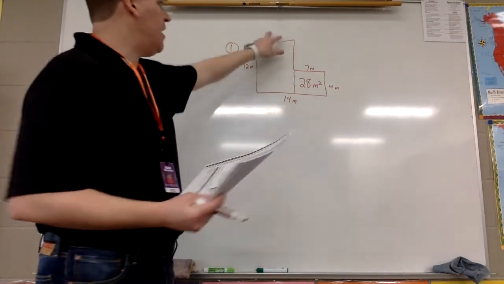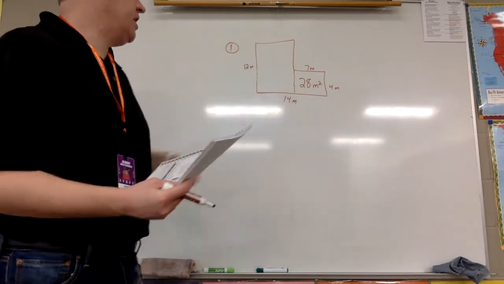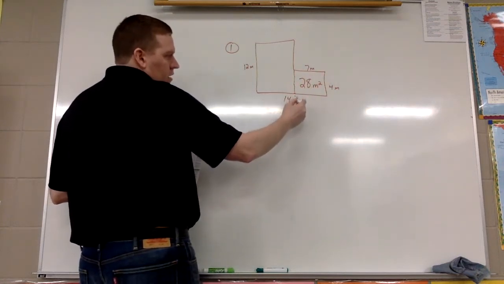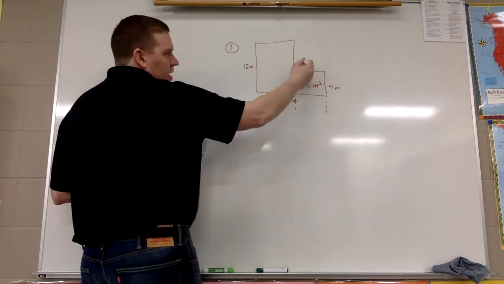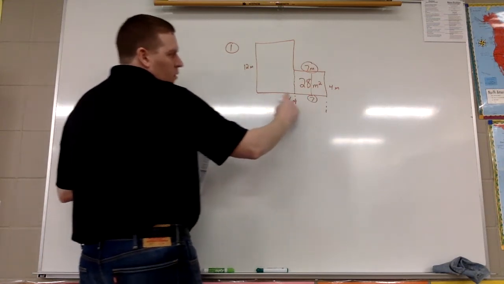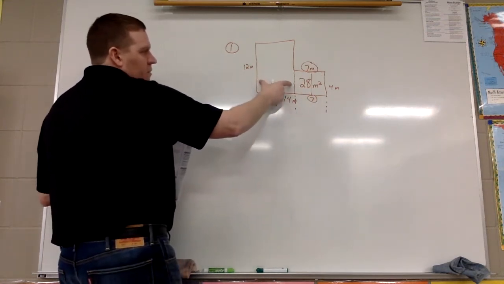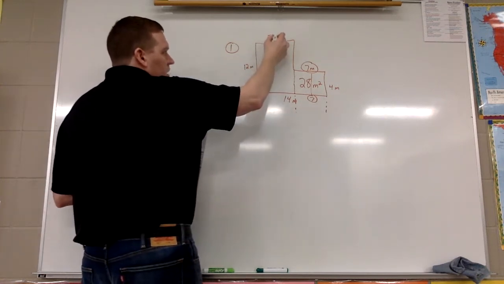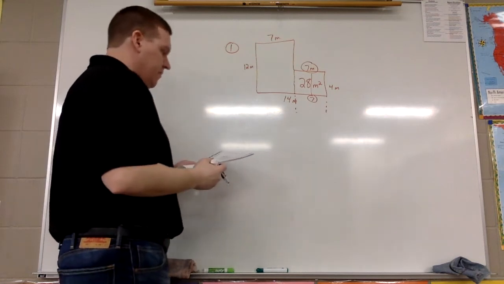Remember, I'm just trying to find this figure here. So if I know that from here to here is 7, this 7 should be the same as that 7. If the whole thing is 14, then from here to here, obviously I didn't draw it quite right, but this should also be 7 meters.